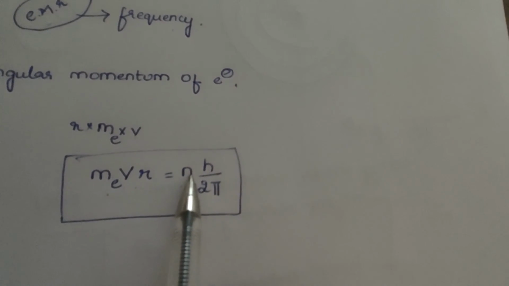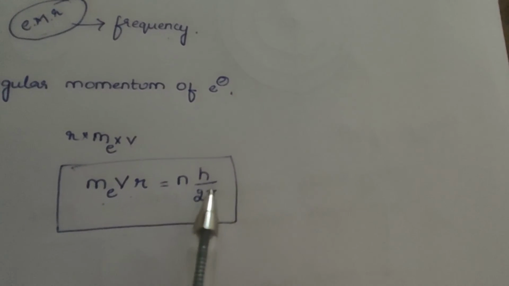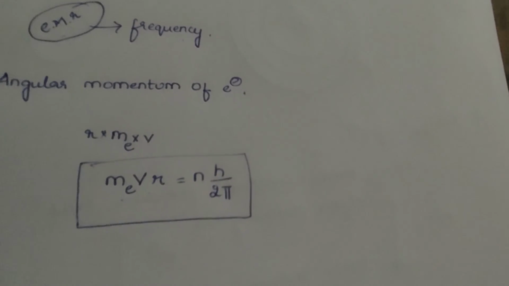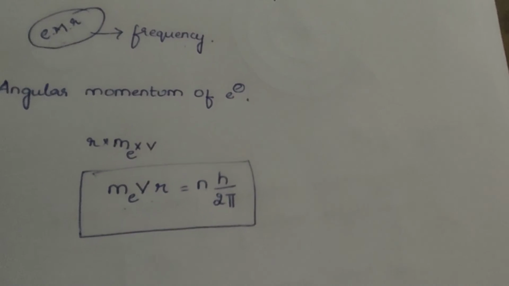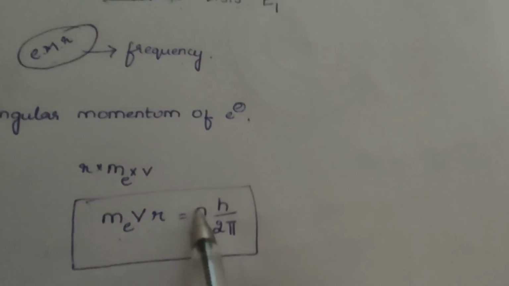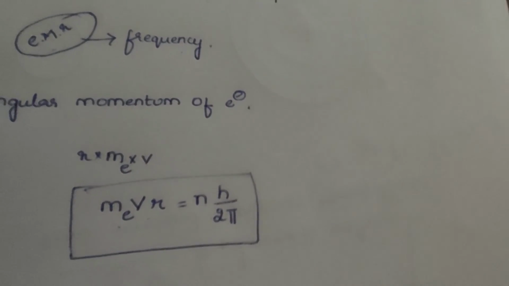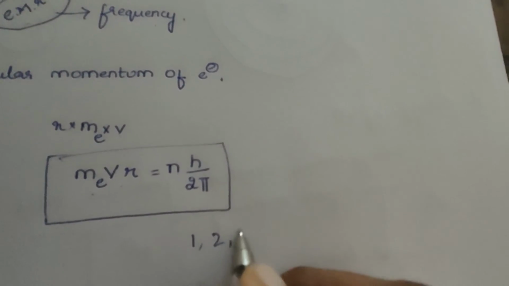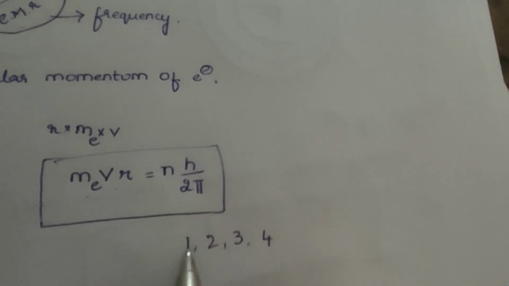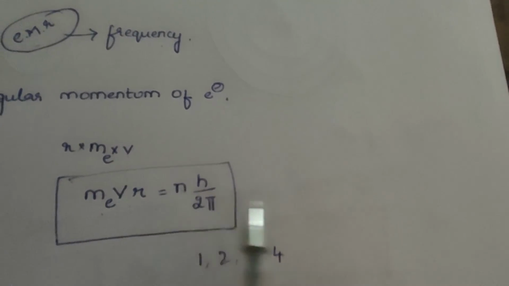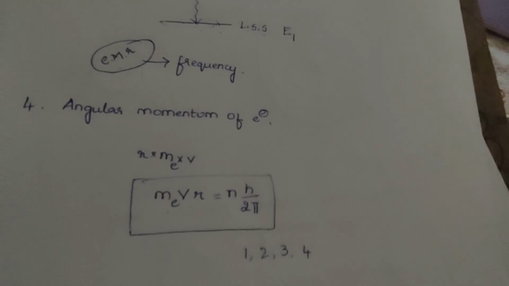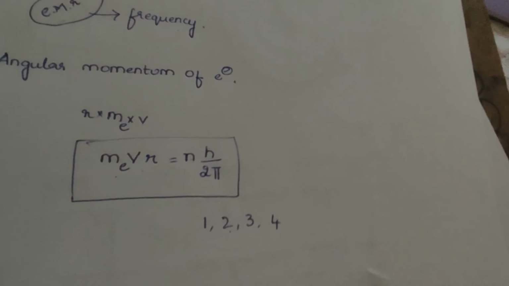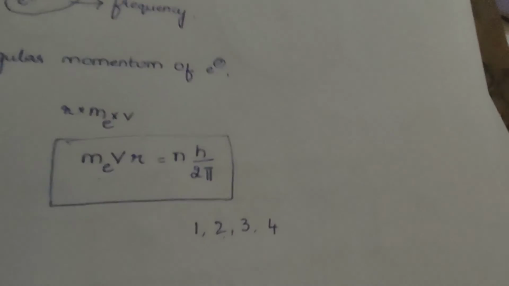Here n is the orbital principal quantum number, which will be discussed in upcoming videos. So n is an integral multiple. n is an integer. It may be 1, 2, 3 or 4. We write 1 if it is the first orbit, 2 if it is the second orbit, 3 if it is the third orbit, and 4 if it is the fourth orbit, like that.